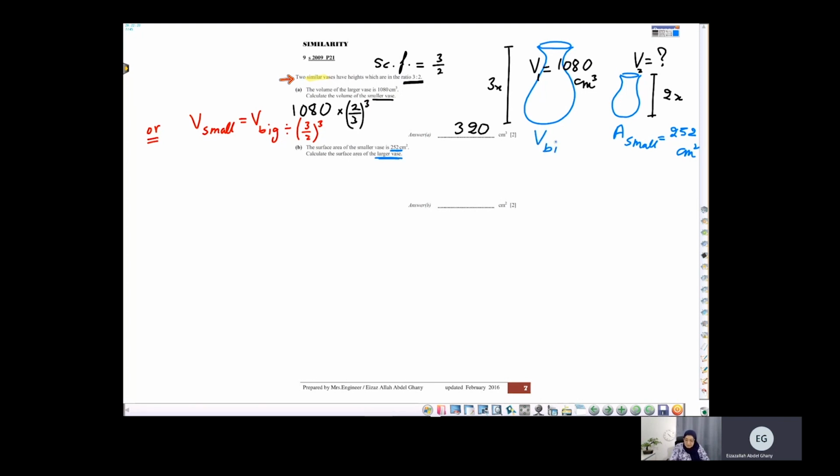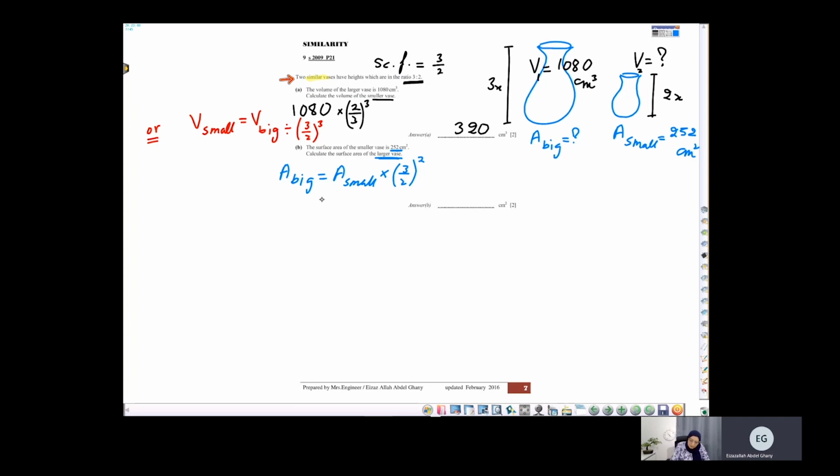Yes, he needs area big. Who can sing it? Area big equals area small multiplied by scale factor, but square.